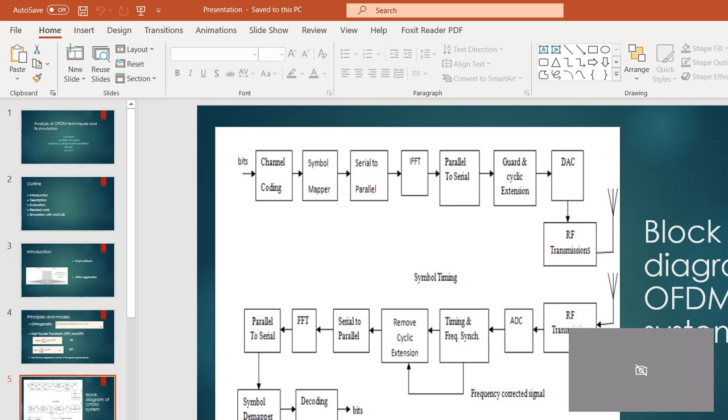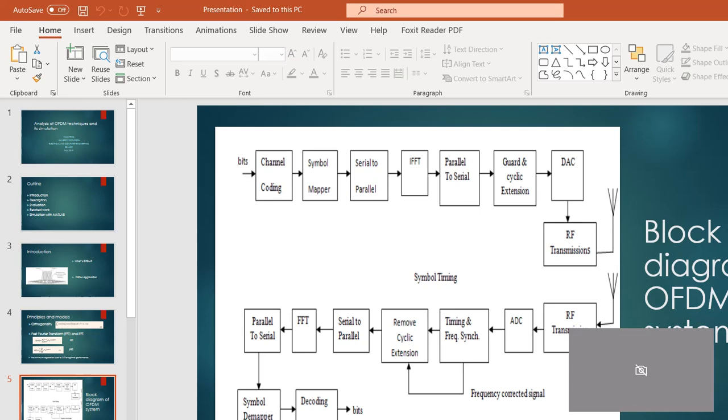The upper part of the picture is the transmitter side, and the lower part is the receiver side. In order to use OFDM, we must implement multiple subcarriers to transmit the data in parallel.